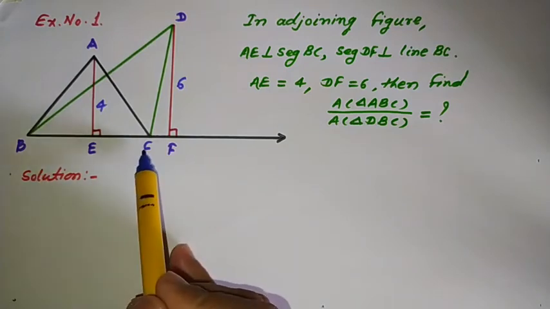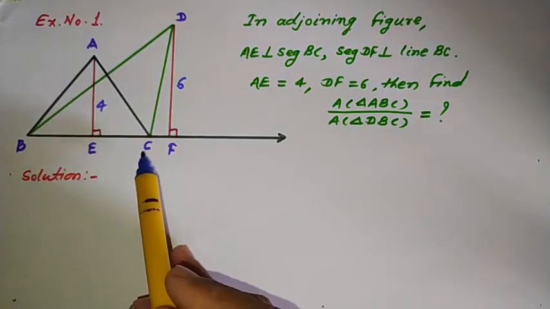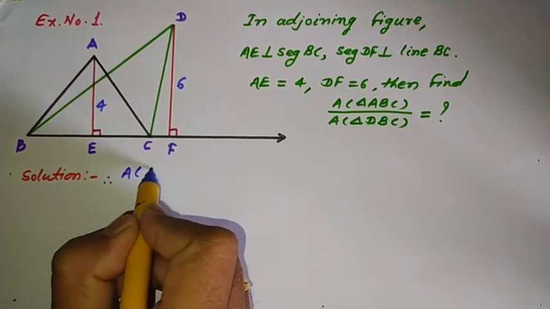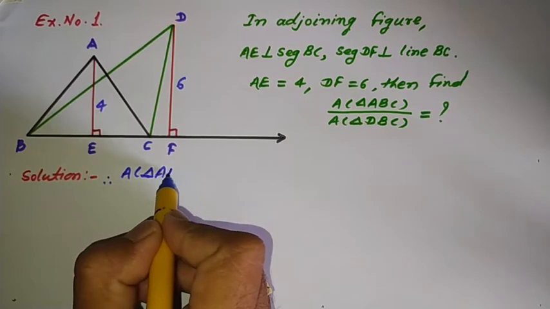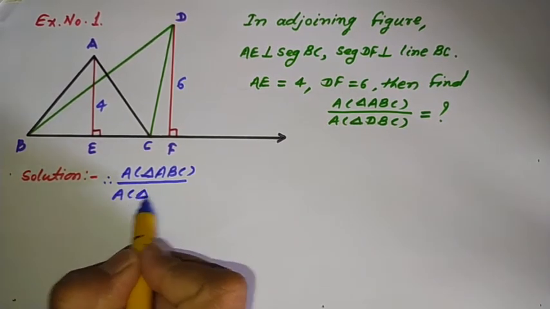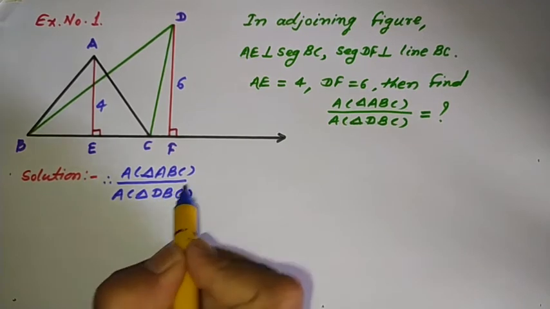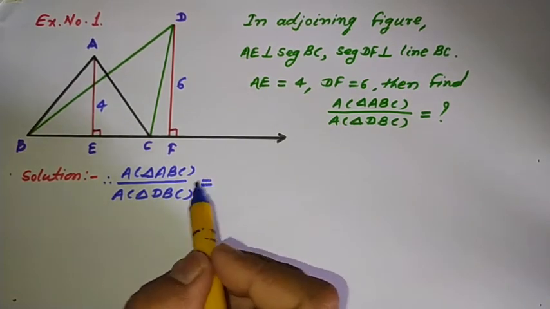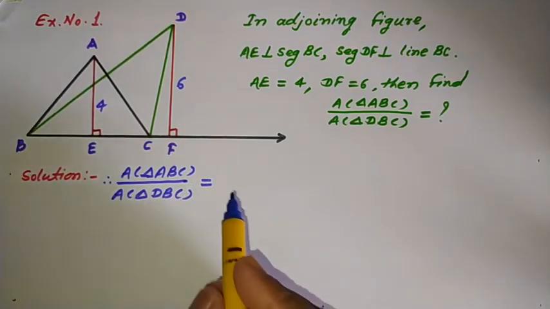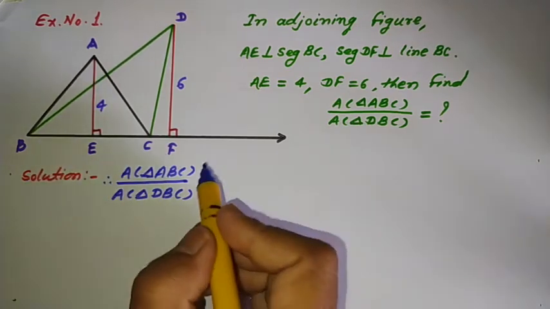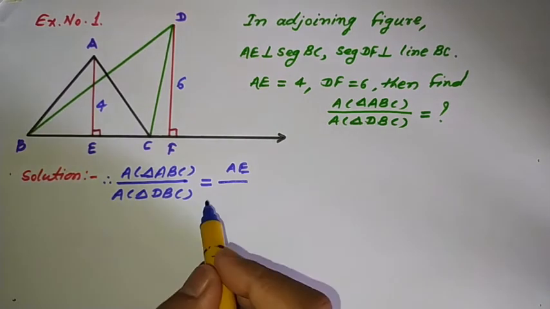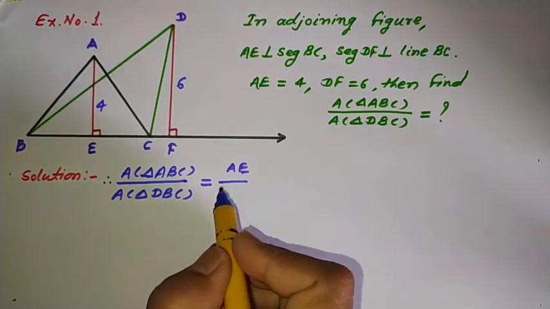The base is common and therefore area of triangle ABC upon area of triangle DBC is equal to, as the bases are equal, areas are in proportion to heights. The height of the first triangle is AE and the height of the second triangle, triangle DBC, is DF.